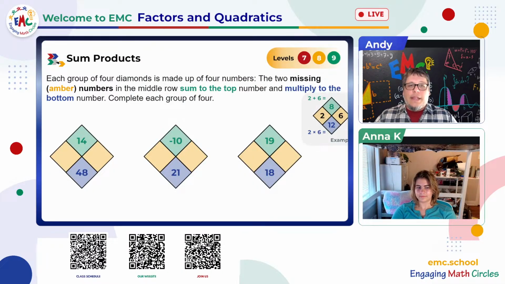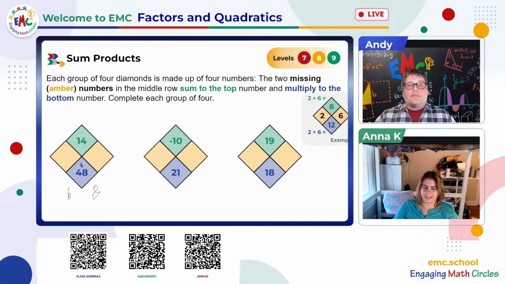So first we're going to play a little mini game called Sum Products. We have to find two numbers that sum to the green number and multiply to the blue number. Personally, the instant I see 48, I think of 6 times 8 is 48.